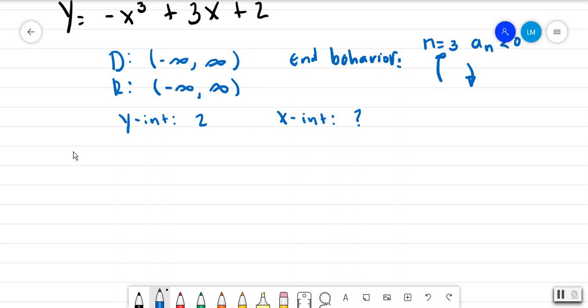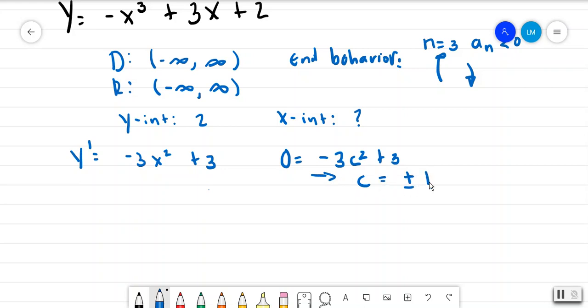The next thing that we would need to do is look at the derivative. So y prime equals negative 3x squared plus 3. That tells us that there's a critical point. So we have 0 equals negative 3c squared plus 3, but that gives you that c is equal to plus or minus 1.